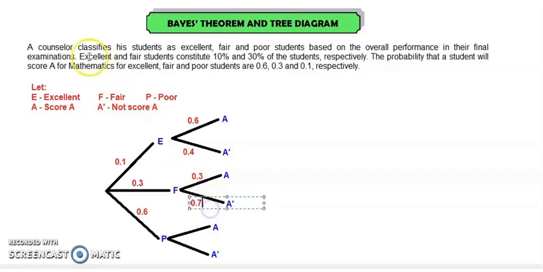Lastly, poor student who scores A is 0.1, so did not score A will be 0.9.